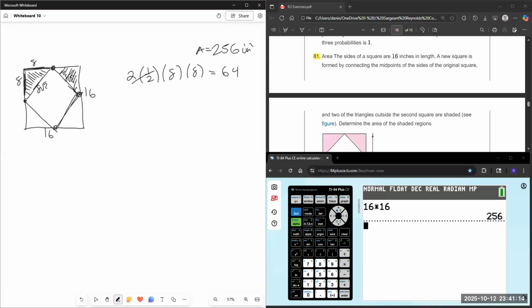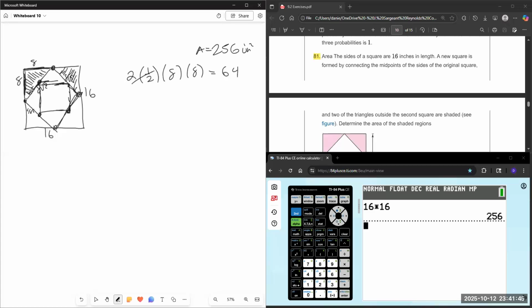Now I want to do this again and find the midpoints. And don't worry, those 8 root 2's will be important in just a second. So I'm going to make another square in here. And it's going to be half of 8 root 2 on each side, so these sides are 4 root 2 and 4 root 2.